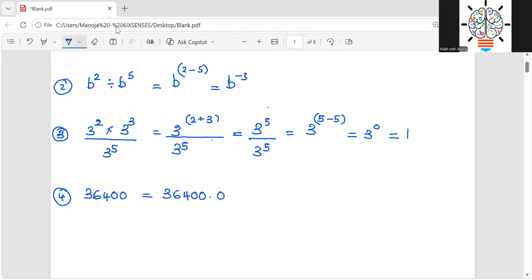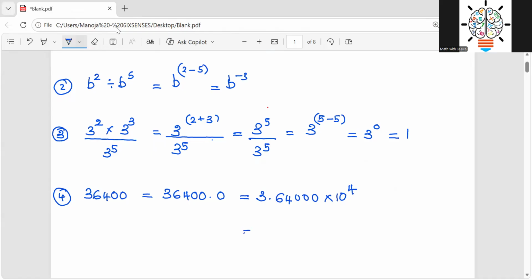So then I want to find the hidden decimal point in this number, 36,400.0. So then you want to bring this in between 3 and 6. Why? We want to convert the number to 3.6400. How many steps did you come? 1, 2, 3, 4, 10 to the power of 4.